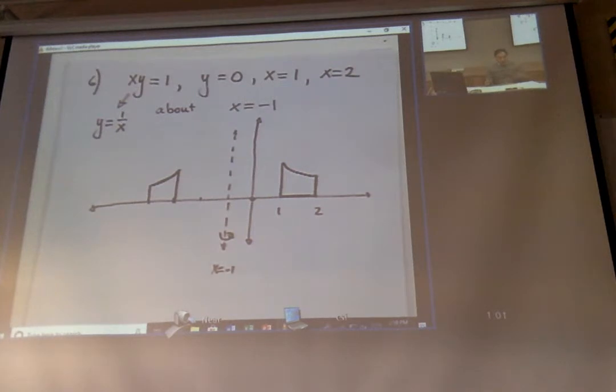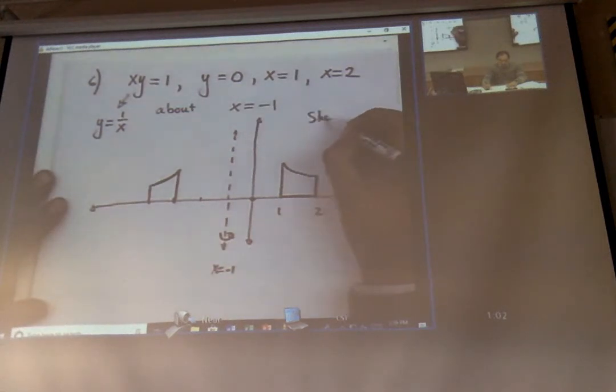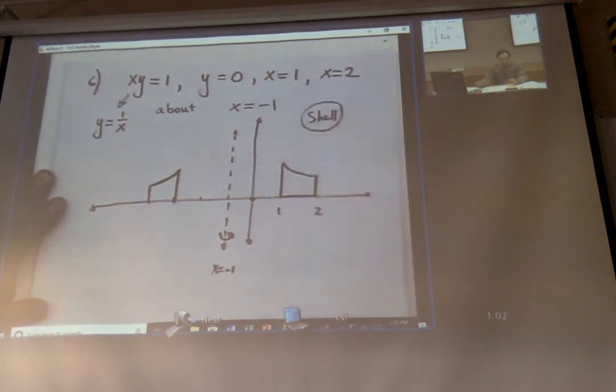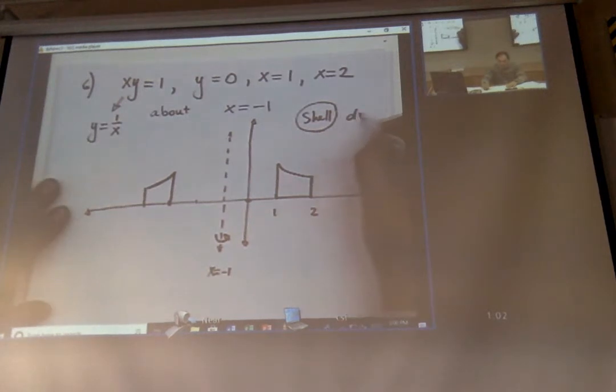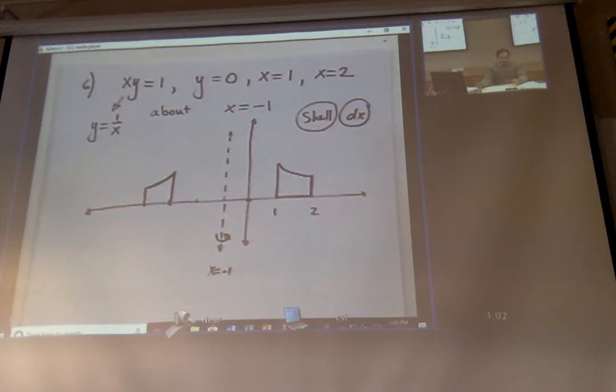But let's take a look at this problem from the shell point of view. If I go with shell, is it dx or dy? dx. What about upper and lower limit? You're looking at the x-axis, right?